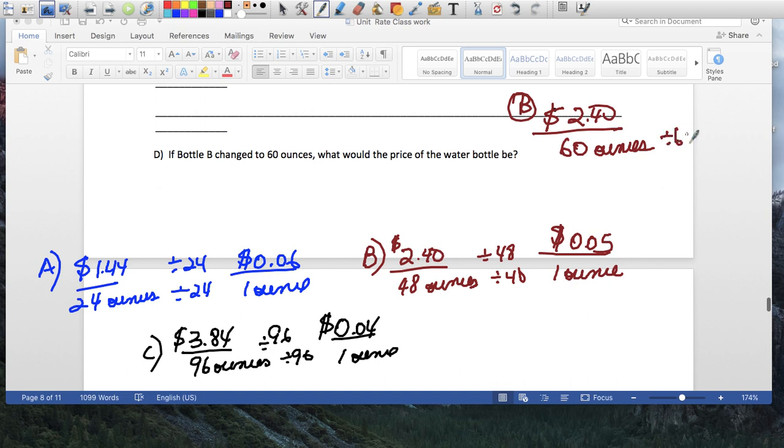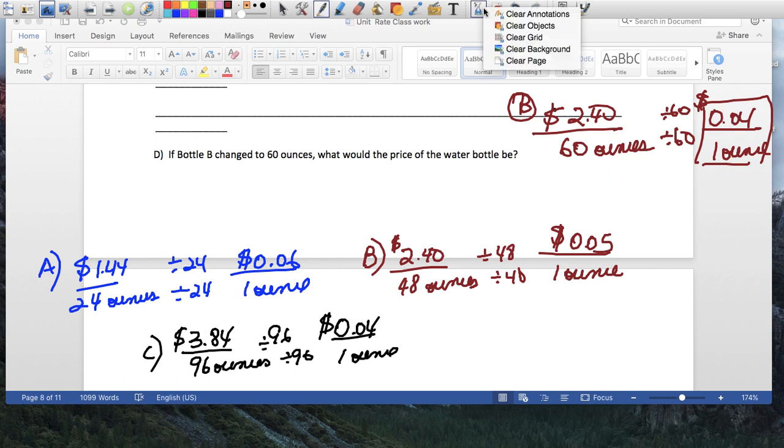Divide by 60 and by 60. 60 divided by 60 is 1 ounce, and 240 divided by 60 is 4 cents. So the price would be 4 cents for 1 ounce, which is the same as bottle C.